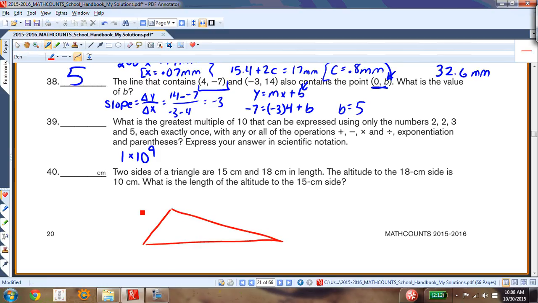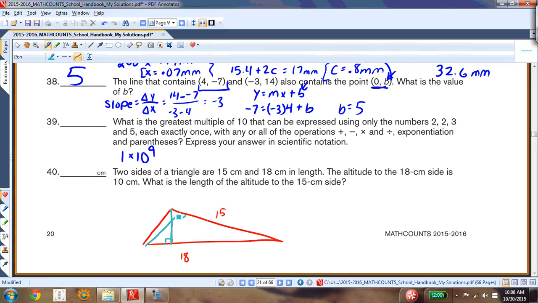I think this will work. So let's see. We'll say this is our 15 and this is our 18. The altitude looks like this. Starts at the vertex here. It forms a 90-degree angle there. And the altitude here looks like this. Just play along with me, okay?